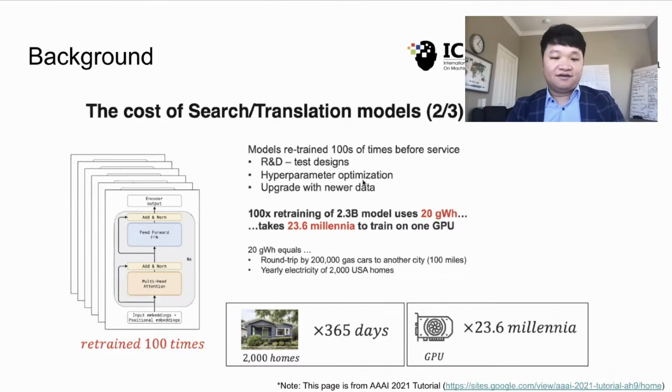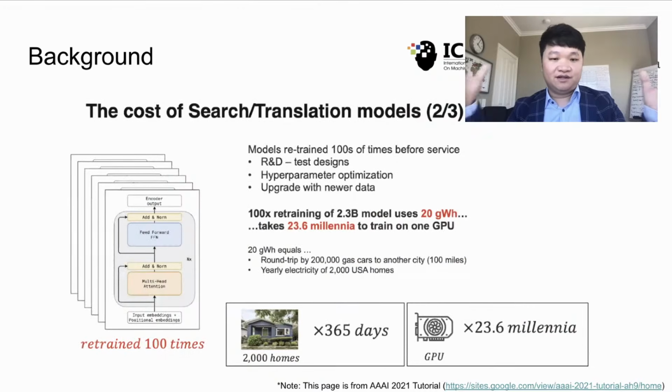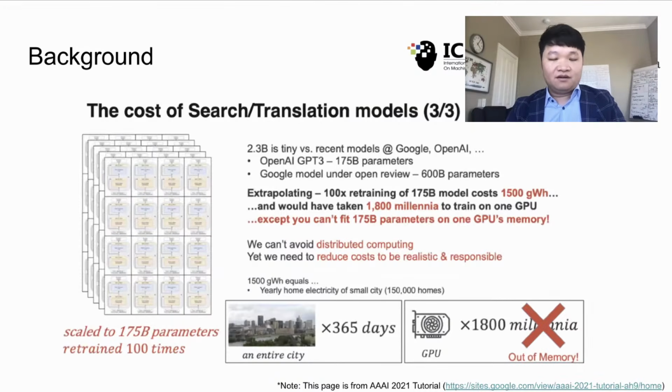However, the challenge is that training such a large model on one GPU may cost hundreds of thousands of GPU days. If you train it many times, it may cost even more than 1 year to finish the training. That's why distributed training is needed to solve this problem. Also, when the model size becomes big, we cannot load the model into a single GPU's memory.